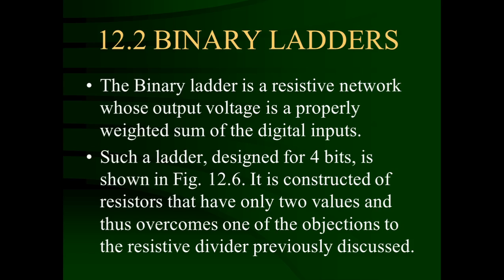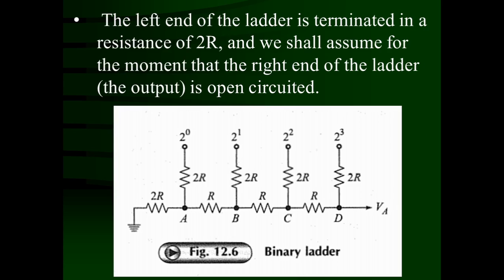Here we are going to discuss a 4-bit binary ladder network. That means 4-bit digital input signals will be there and one output signal will be there. So here the LSB is 2 raised to 0, then 2 raised to 1, 2 raised to 2 and 2 raised to 3.